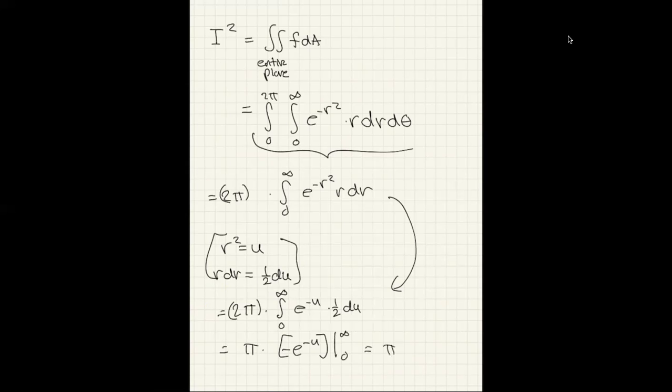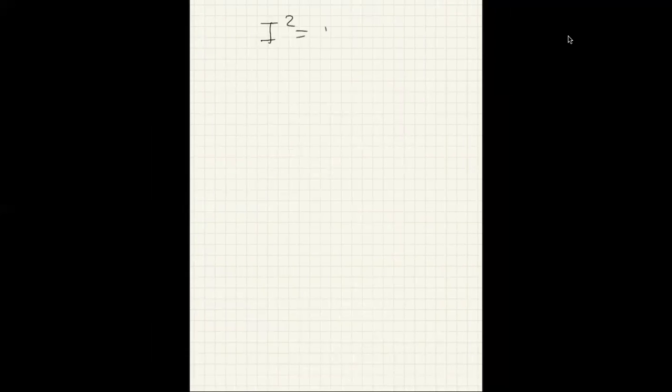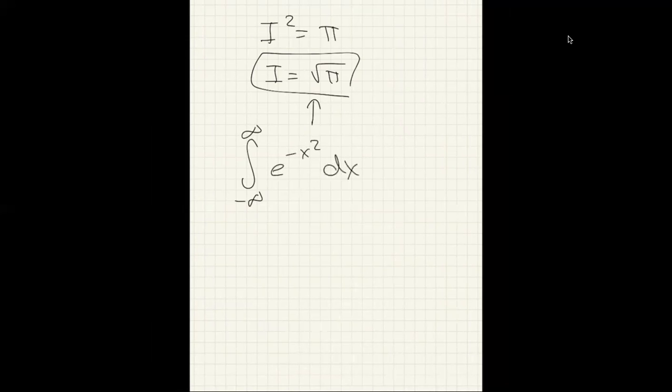And this is pi times negative 0 minus negative 1, and this provides pi. So we found that I squared is equal to pi. Goodness. So I is root pi. And this is a really quick and clever way to compute the integral of this function. Okay, all right, I hope you learned something.